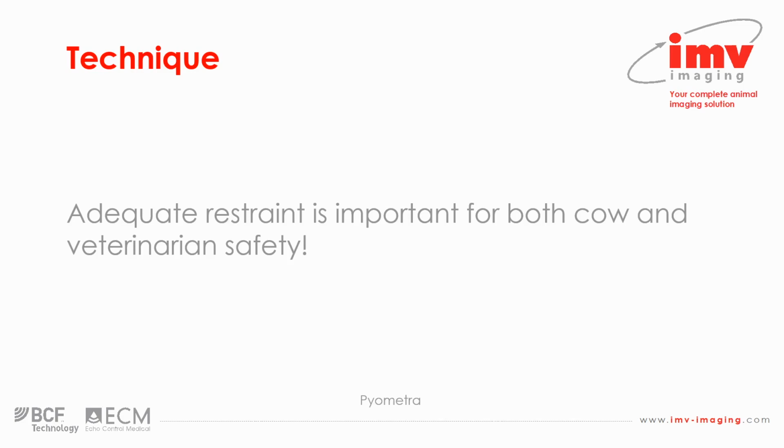So just be confident that when you're going to perform rectal palpation on a cow, either for manual palpation or for rectal ultrasound, the setup is such that your safety is looked after and the safety of your patients is cared for as well.